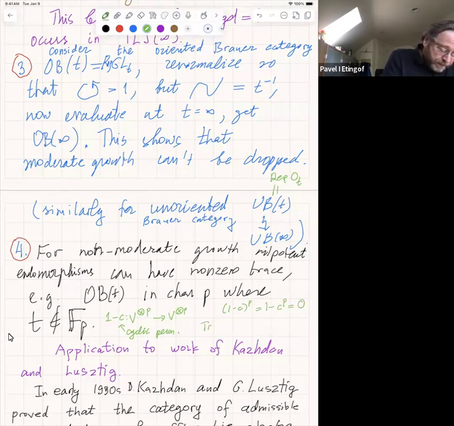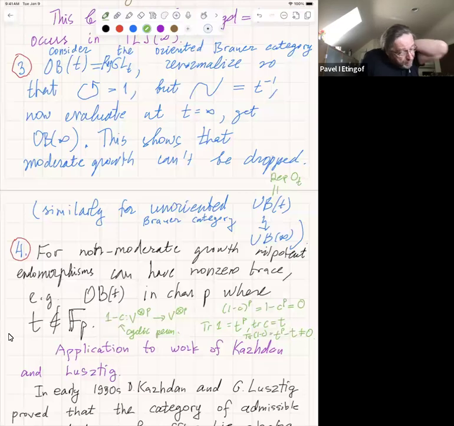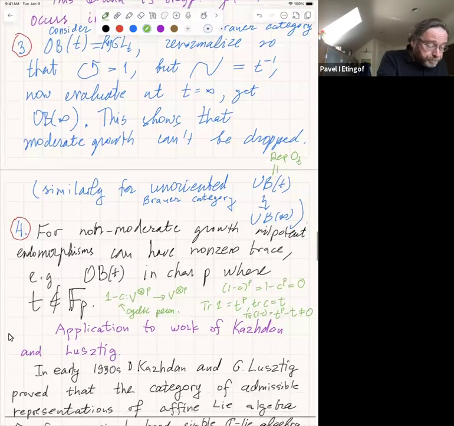But the trace of 1 is equal to t^p, and the trace of C equals t. So the trace of 1 minus C is t^p minus t, and that's not 0. So this category you cannot semi-simplify to get a semi-simple tensor category.